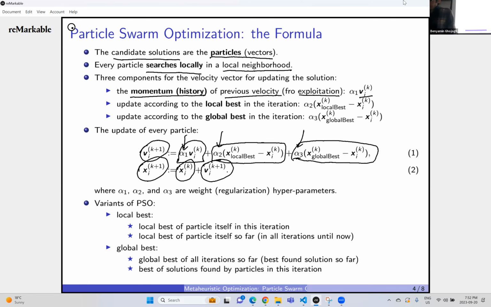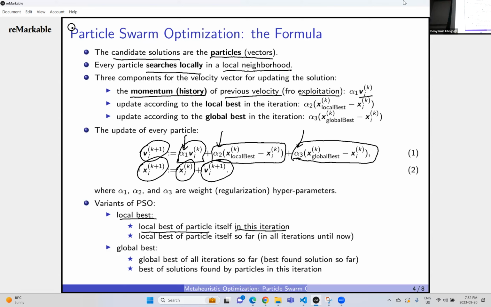So now let's talk about this. By the way, local best or global best? We have variants of PSO based on what is local best in this formula and what is global best. Do you agree that the local best can be the local best of the particle itself in this iteration? I search for several iterations, so it's a nested loop: a loop for iterations, and an inner loop for my local search.